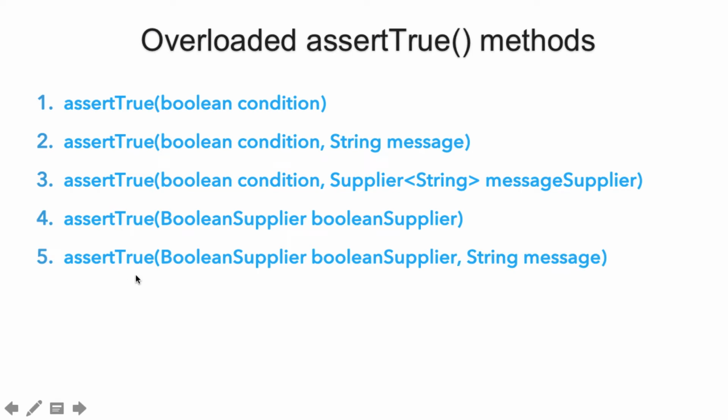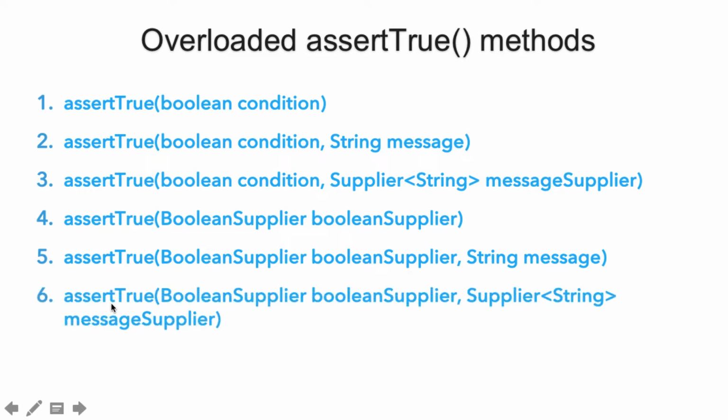The fifth assertTrue is also pretty much similar to the second one. Here the first parameter is a BooleanSupplier which supplies a boolean value. And the second parameter is the customized string message which gets printed when the assertion fails.